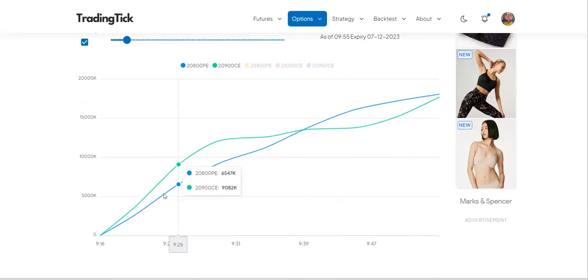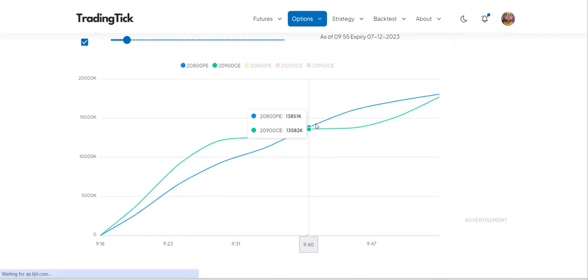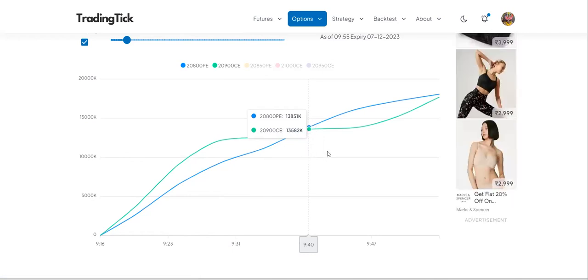Till that time, open interest was rising. You can see it slowly started coming down, 12,593, and then it came down to 13,582 and 13,000. Put option open interest started increasing at that time, 9:40. It started moving.